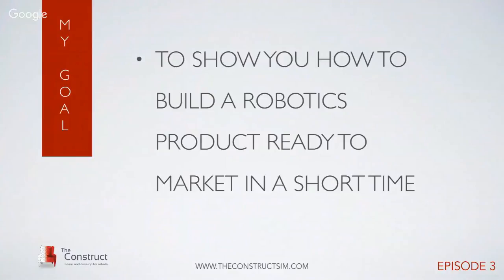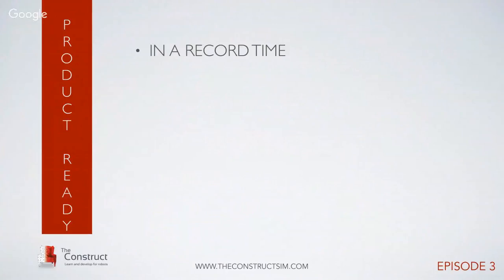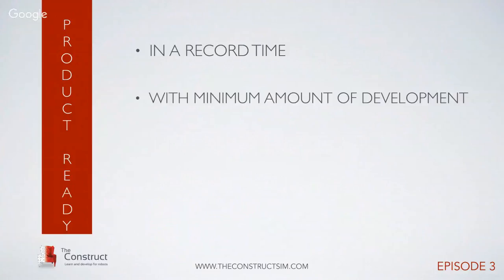The idea is to show you a method that you can reproduce in order to build a robotics product that can be put into the market in a very, very short time. That is the goal. The product has to be ready on the market in record time, doing as little development as possible, reusing as much as possible of what we have.